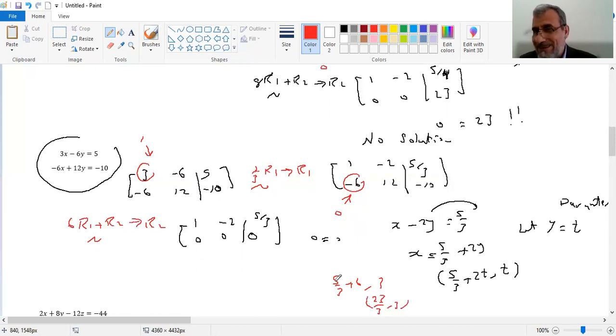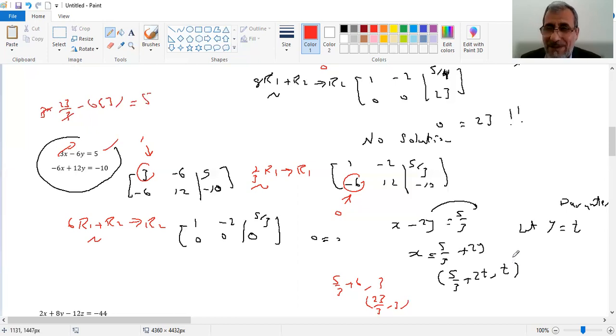Now replace it in 3x: 3 times 23 over 3 is 23, minus 6 times 3, which is 18. So 23 minus 18 is equal to 5. That's correct. If I put it in the second equation, I'll get negative 10 too. So this system is consistent and dependent. Why dependent? Because it has a parameter t.